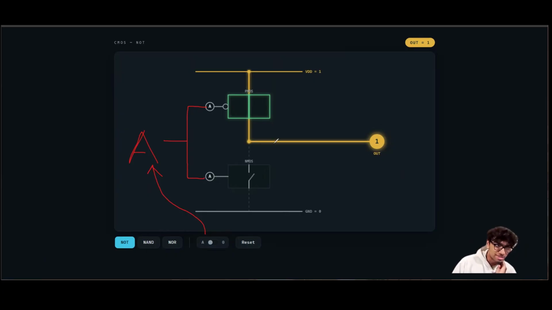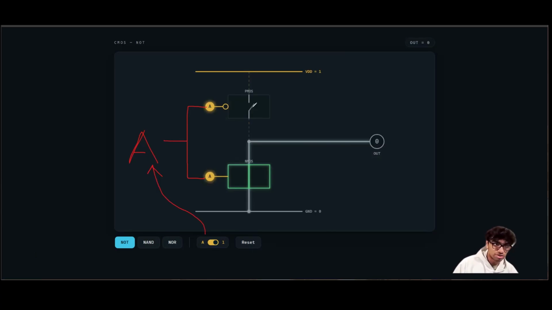And so that means the path exists from the output to 5 volts, VDD. Whereas if I turn on A, then the PMOS turns off and the path exists from the output to ground, 0 volts. Okay, so that's the CMOS inverter.